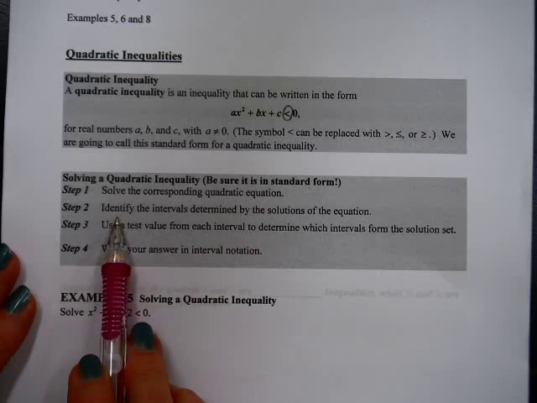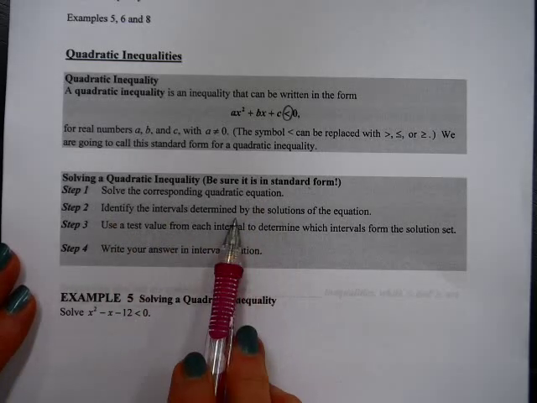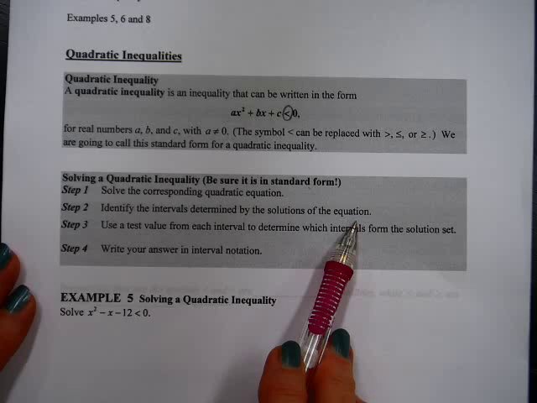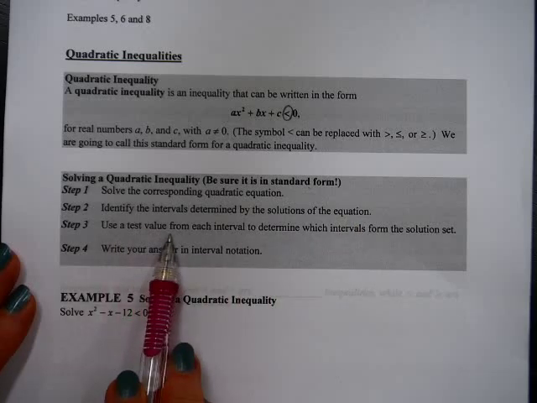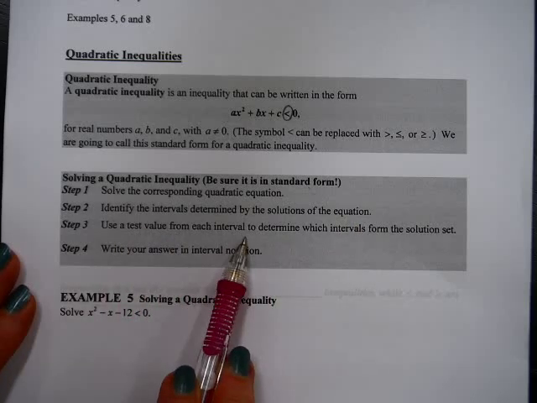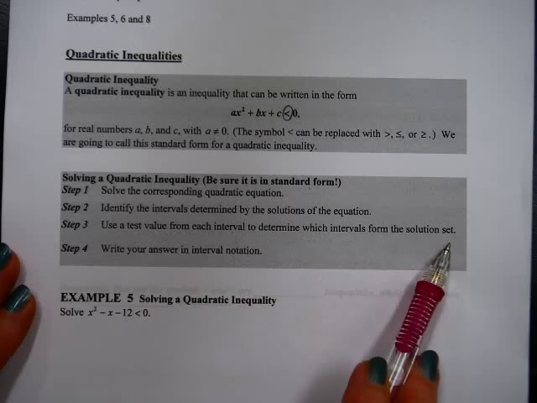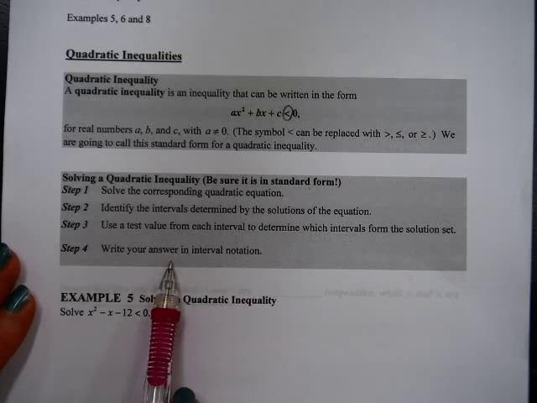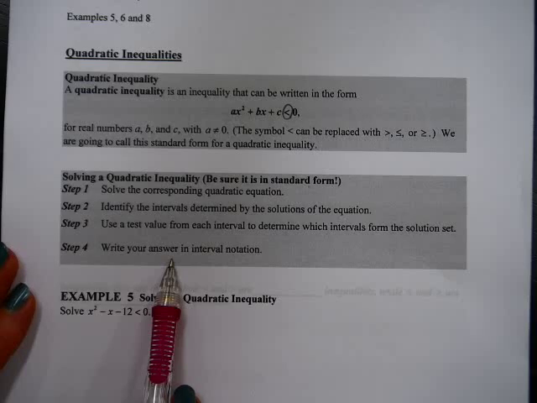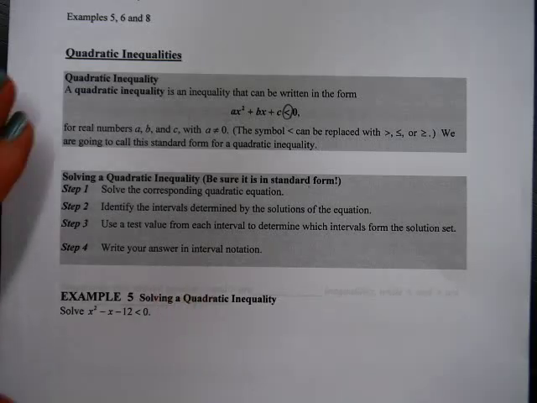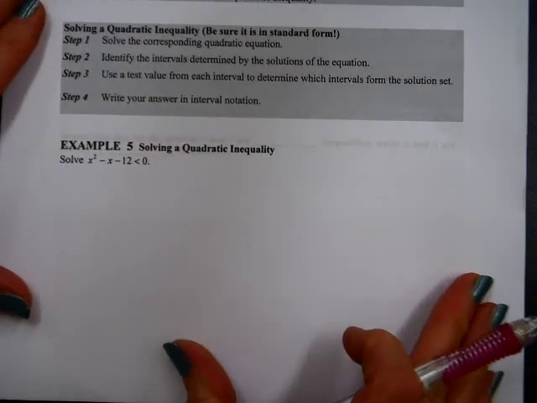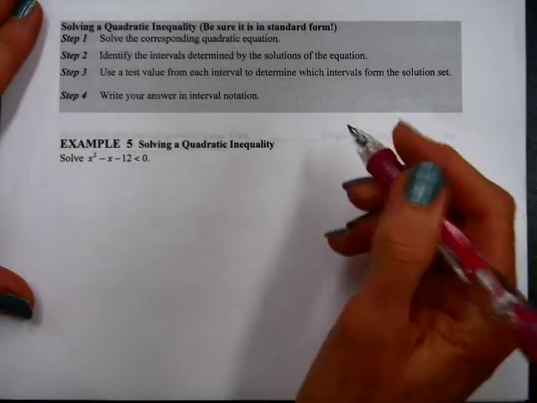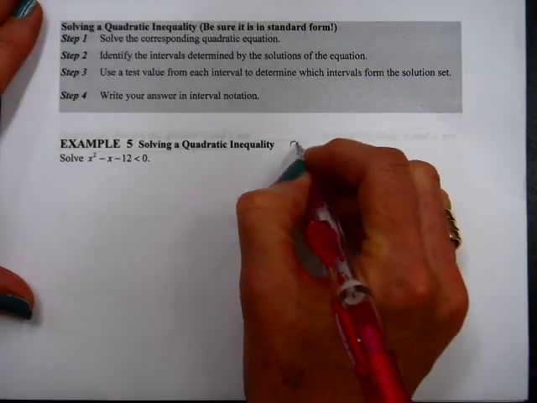We are going to identify the intervals that are determined by the solution of the equation, using a test value from each interval to determine which intervals form the solution set, and then we are going to write our answer in interval notation.